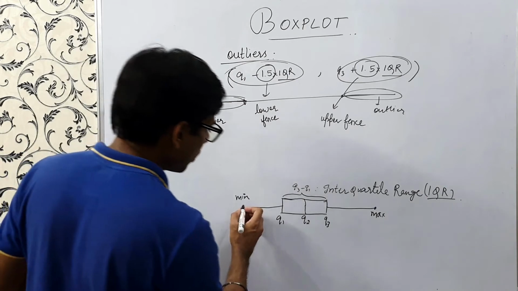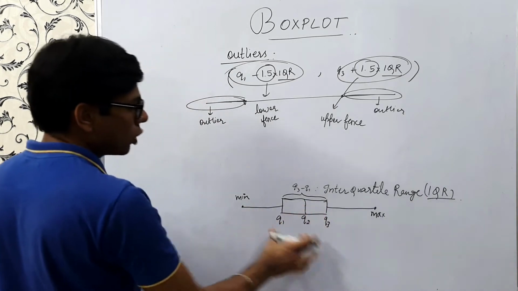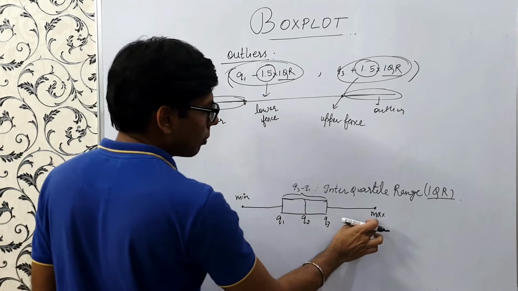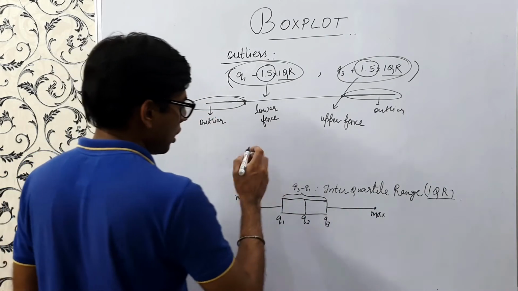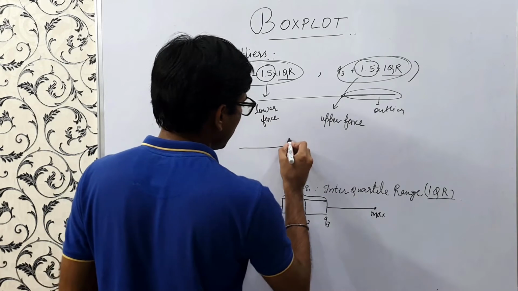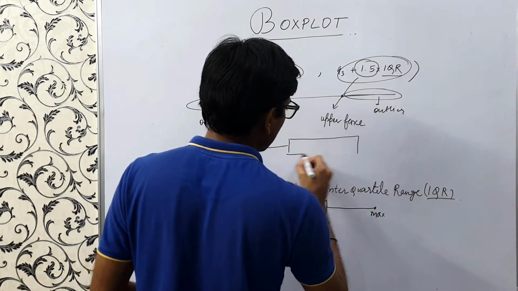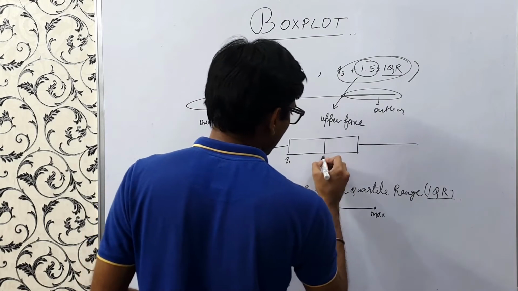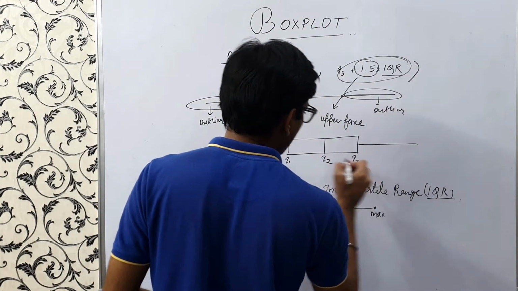So this is one version of a box plot. What does the another version state? So we have calculated minimum and maximum over here, or plotted. So in that case, we'll plot something like this. So this is Q1, Q2, Q3.